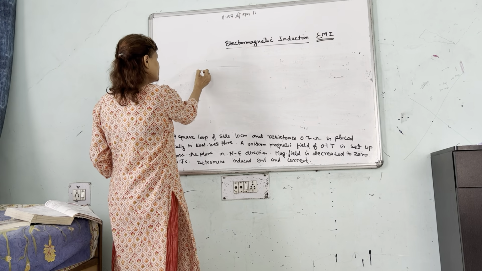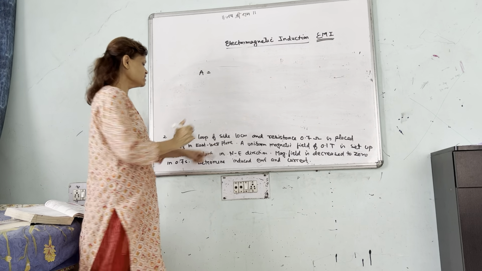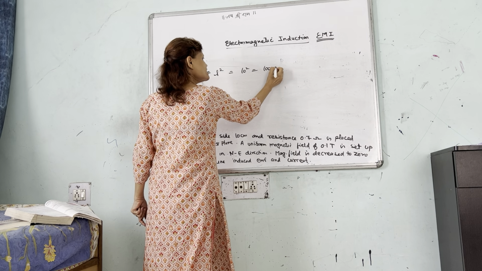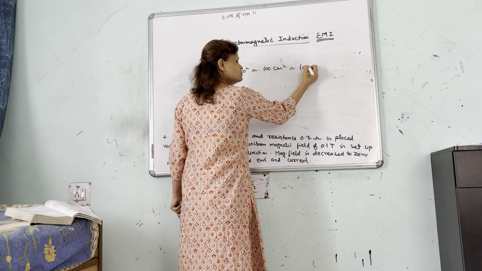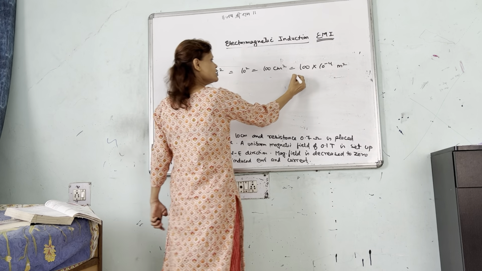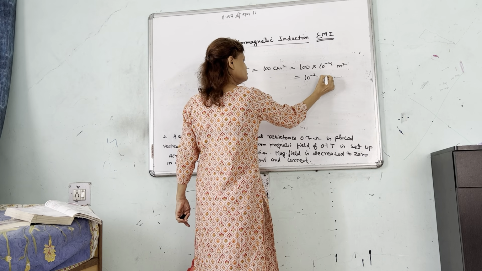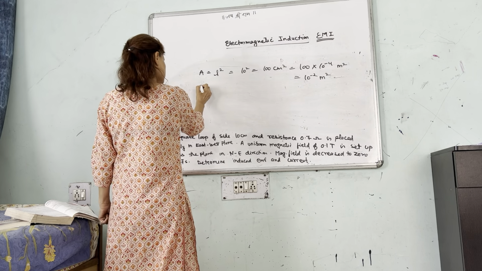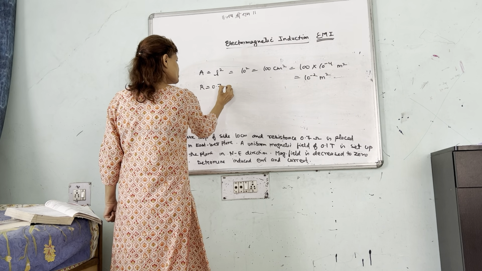Yes. So area is L square, that is 10 square, again 100 centimeter square. 10 to the power minus 4 we multiply to get meter square. Then resistance is 0.7 ohm.